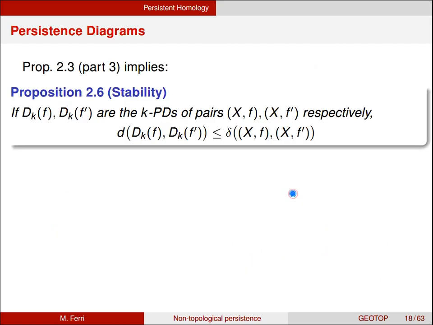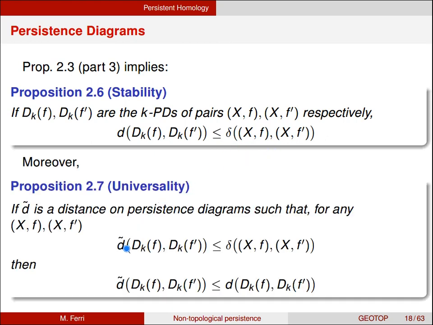And this is difficult to compute, but the distance between the persistence diagrams that we have with our way of putting things is a lower bound for this distance, and actually it is the best possible lower bound that we can get out of the diagrams.